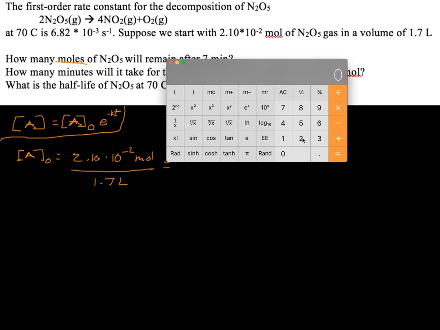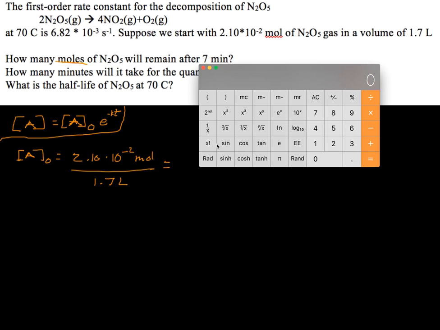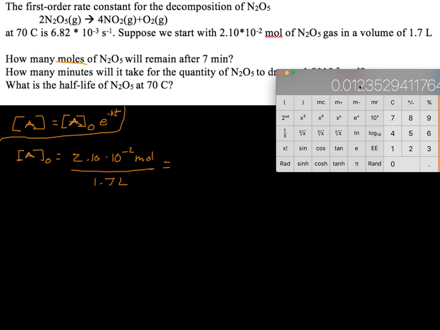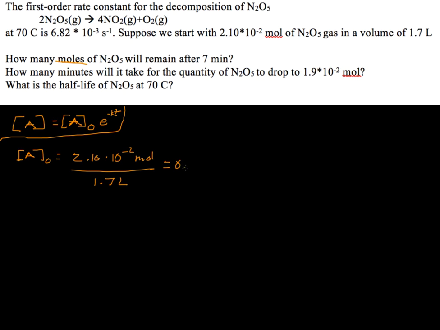Actually, I'll just manually do it. It's 0.021 divided by 1.7 gives us 0.01235. So it's like a 7.1235 molar.